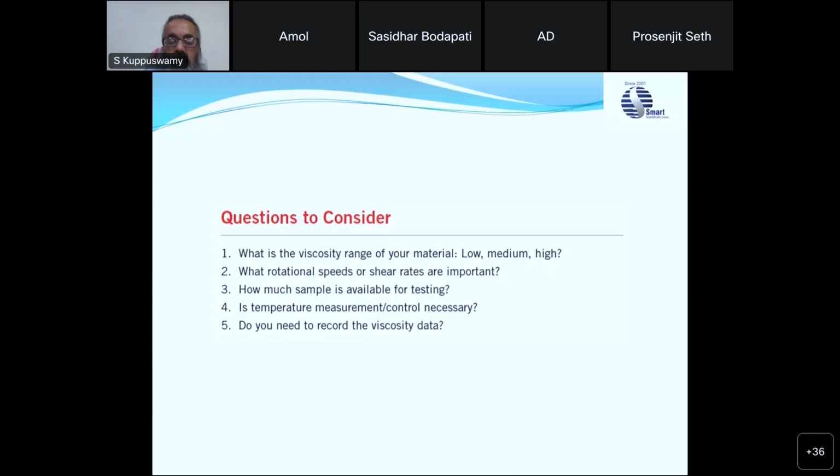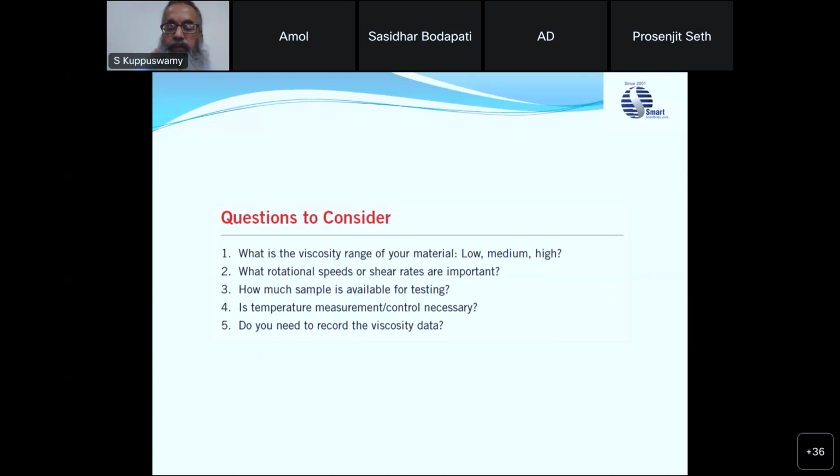While buying a viscometer, these are the questions to be considered. Whether your application is for low viscosity, medium viscosity or high viscosity, what your rotational speeds will be, what your shear rate will be, and whether that is important.